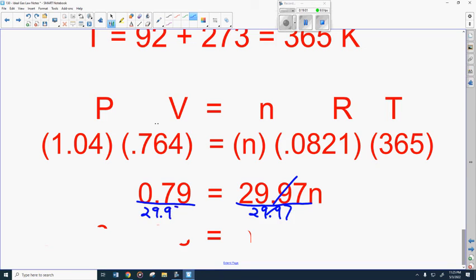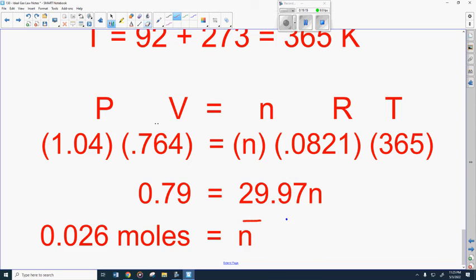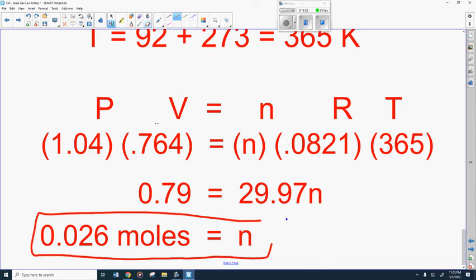So 0.79 divided by 29.97 should tell us that we have 0.026 moles is our N. Okay? So that's going to be our final answer there. There goes my proud drawing of a box to lock in that final answer so Mr. Pilcher knows what he's supposed to grade.